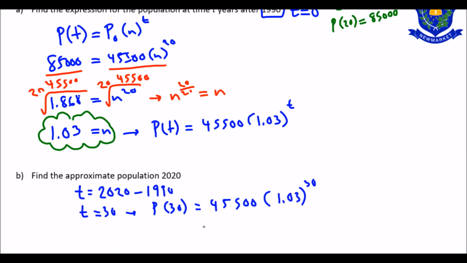If I do this quickly, I get 110,440. We need to round to the nearest whole number. Why? Because you can't have a decimal number of people.